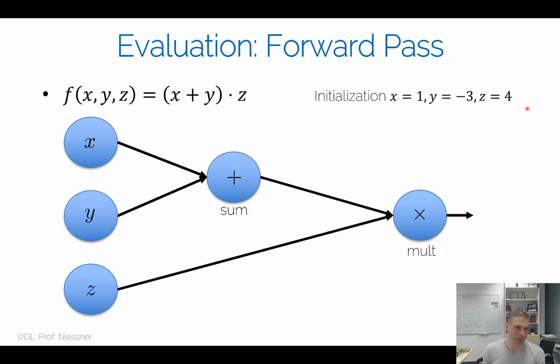I assume this is not so complicated, right? So we're just going to set these ones here. Well, we have our edges as our flow, right? So they forward all this stuff here. So now we first compute this intermediate here. So 1 plus -3 is this intermediate -2. And then we multiply -2 times 4, and we get a respective output, right?